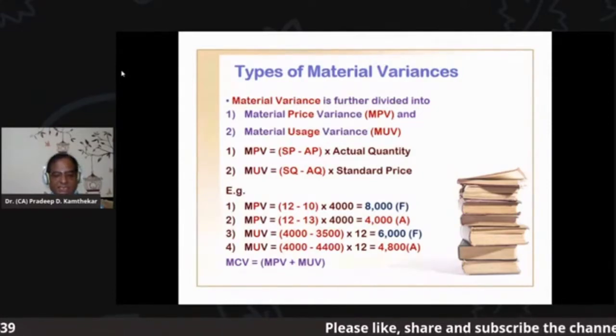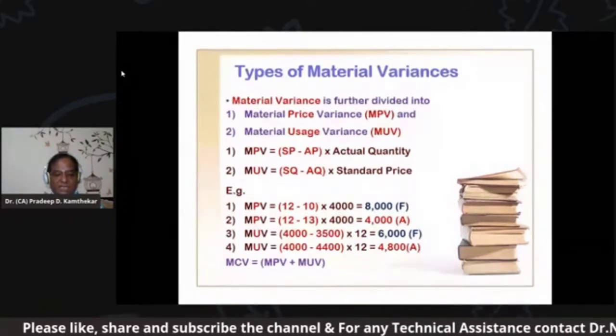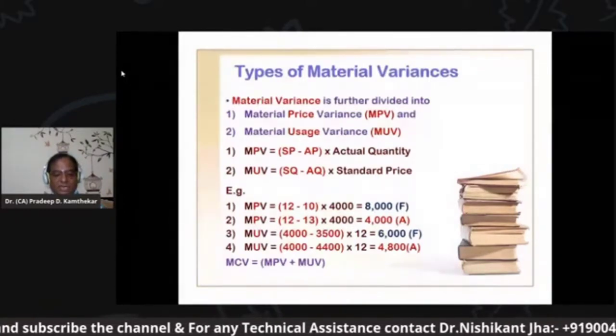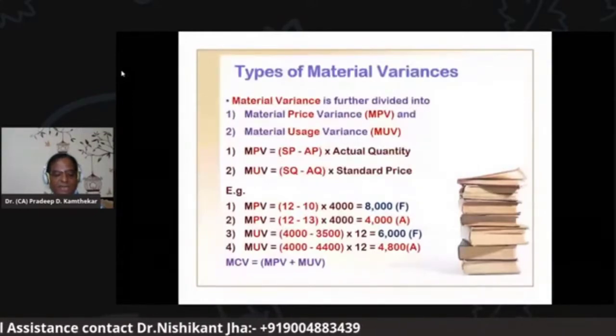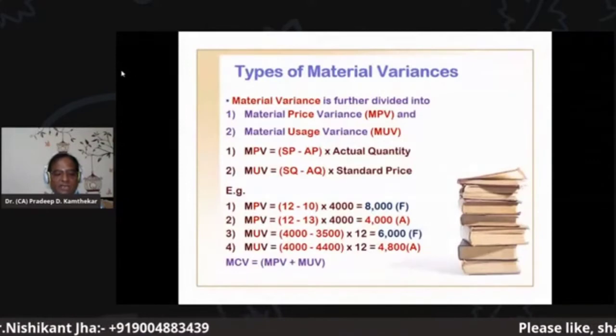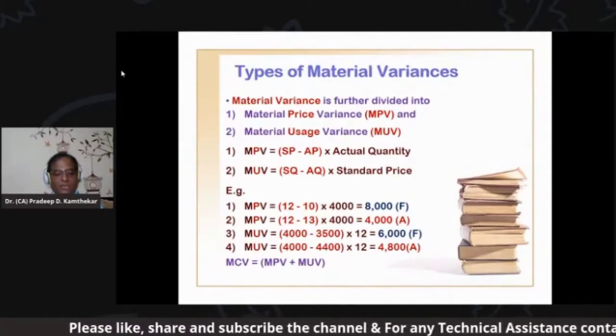Now take the third case, where the standard quantity 4,000 is compared with the actual quantity 3,500. You see the standard quantity is more by 500. That means 4,000 kilograms of the material were to be used, but in reality only 3,500 kilograms were used.